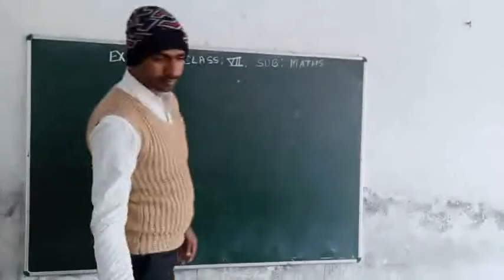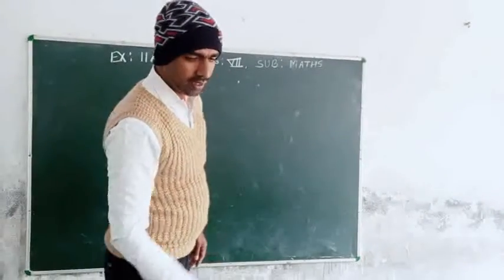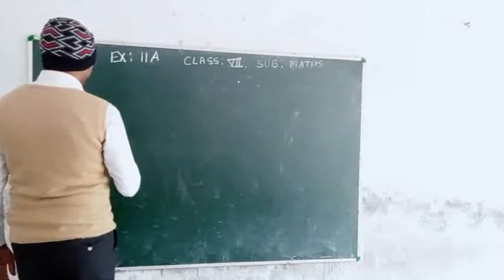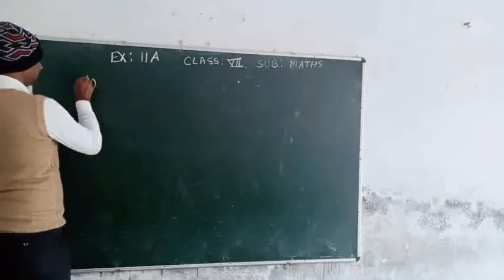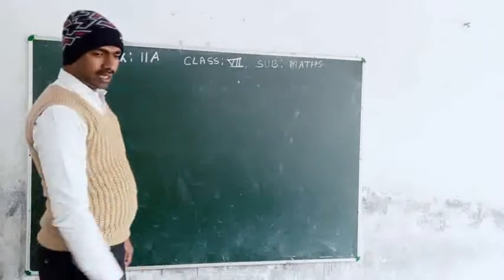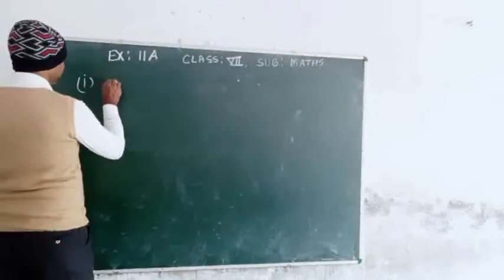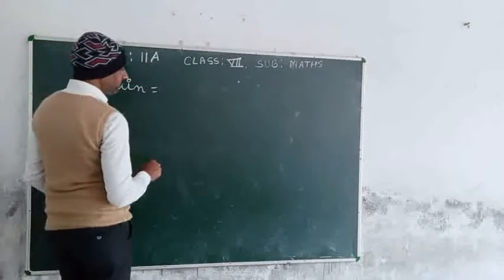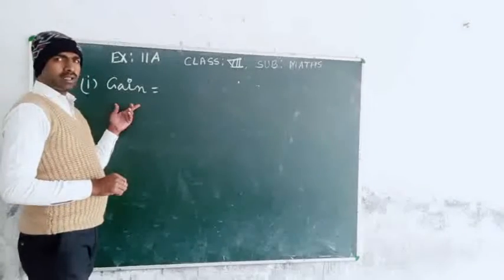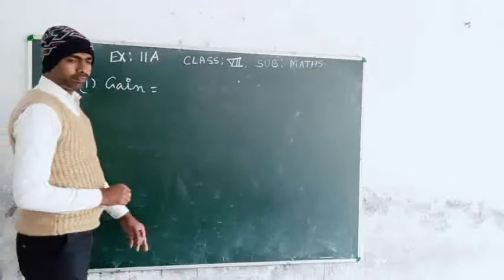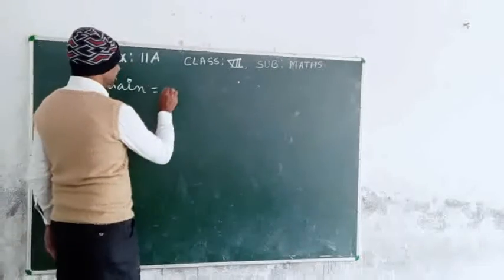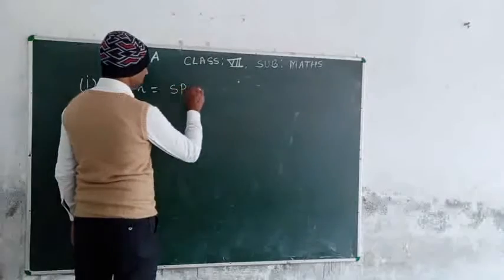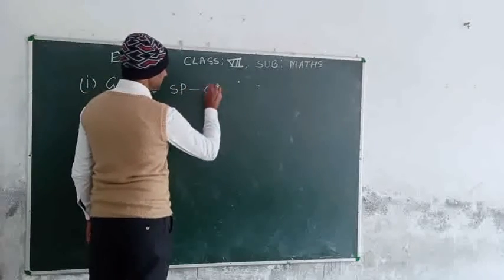The first formula: when we find gain, we apply the formula gain equals SP minus CP.